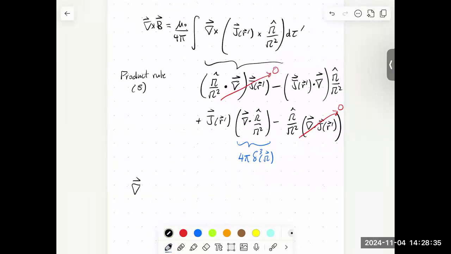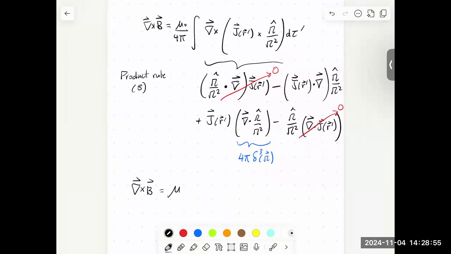The curl of B is going to be equal to, let me do this term first, the third one, just because it's the positive one. We have a 4 pi here. It's going to cancel with the 1 over 4 pi in front of the integral.